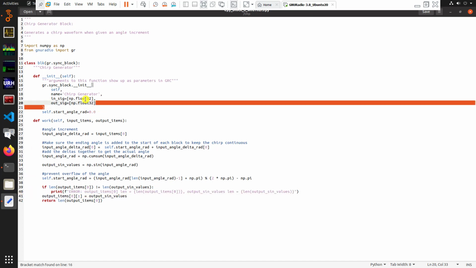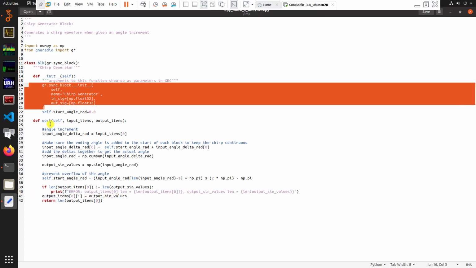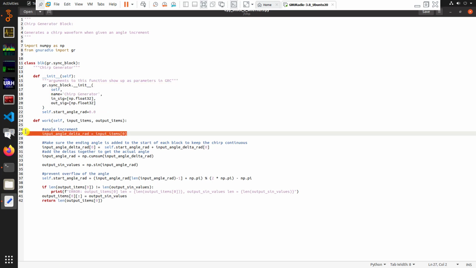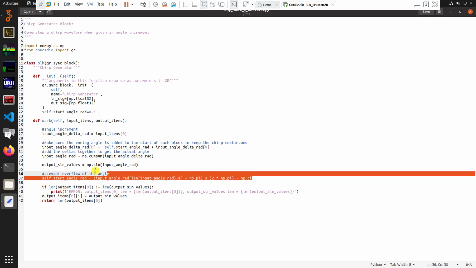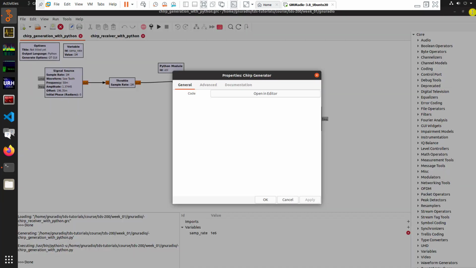And this code here is just defining that block, what's the input. This is actually the input value from that ramp generator. And we output it, and then we also have to prevent the overflow of the angle from getting too large. What happens after 360? Well, we could keep making it larger and larger, but that causes floating point problems eventually. So instead, what we do is we just wrap it back around at 360. So that's what the code here is doing.